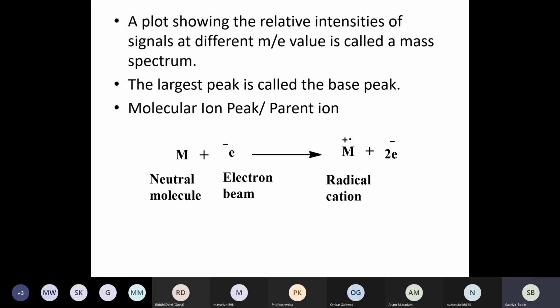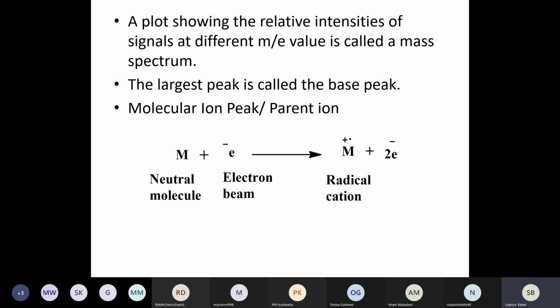And see the importance of the molecular ion peak. Due to the impact of the electron, the neutral molecule, M, is bombarded with the electron beam, and then that neutral molecule loses an electron and gets converted into the radical cation.